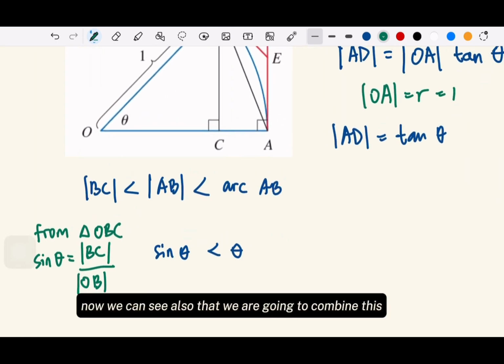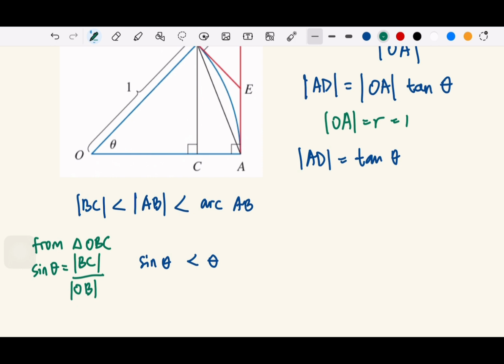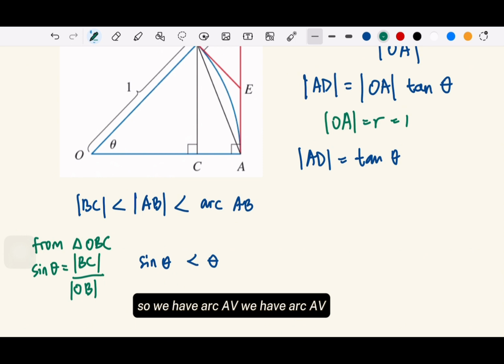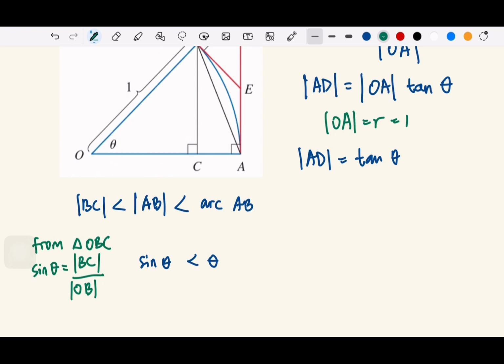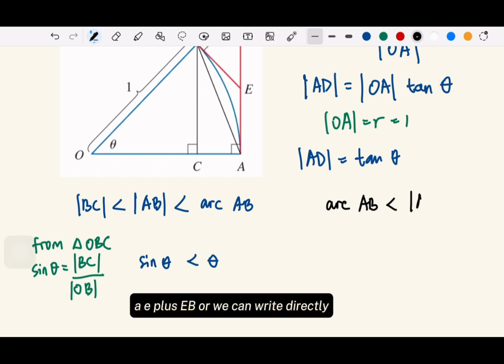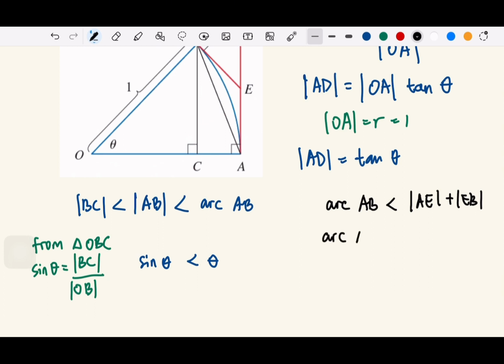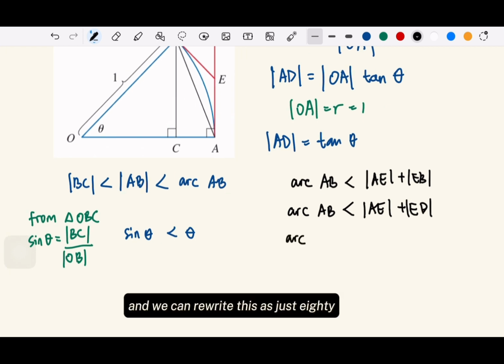Now we are going to combine these two conclusions, AD equals tangent theta and this one. We have arc AB. Now we can say the arc AB is less than AE plus EB, or we can write directly AE plus ED, and we can rewrite this as just AD.